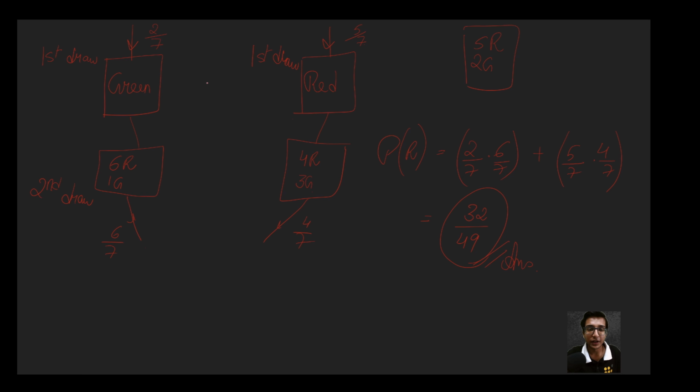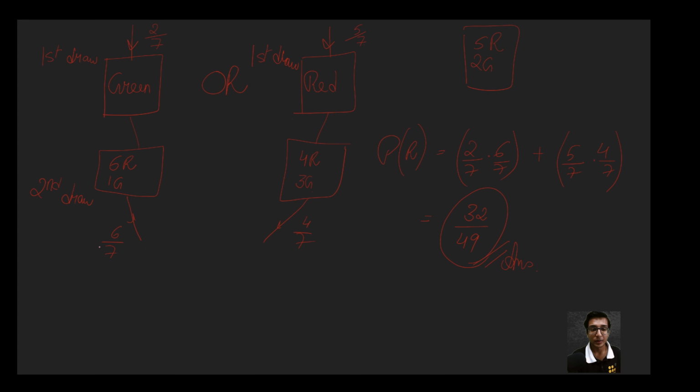In the first draw, I draw either a green or a red ball. If I draw a green ball in the first turn, it's going to be 2 by 7, and for drawing a red ball it's going to be 5 by 7. Now once I've drawn these balls, what has been the change inside my bag? The number of red balls and green balls inside my urn has changed. So now in my second draw, what is the probability of me choosing a red ball in both these events?